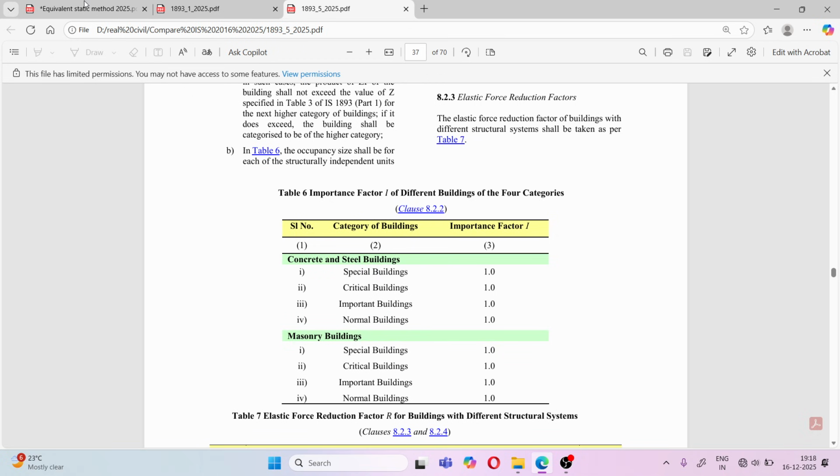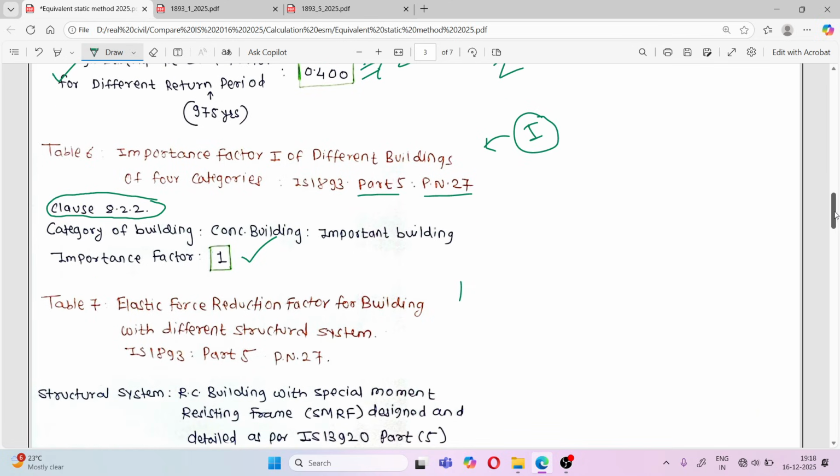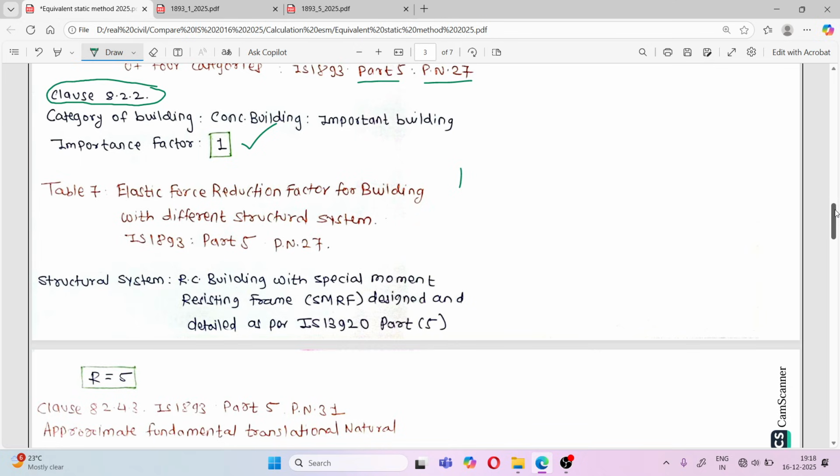Okay, importance factor I. So we'll select the I value, which is equal to 1. But if you want to change the importance factor, you can refer to clause 8.2.2. There is a provision also that you can take a higher importance factor, but this clause you have to read, 8.2.2. Right now we will not cover that part. Okay, now the I value is 1.